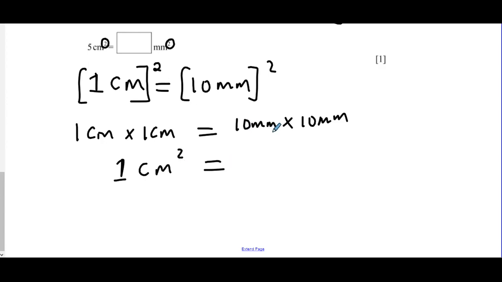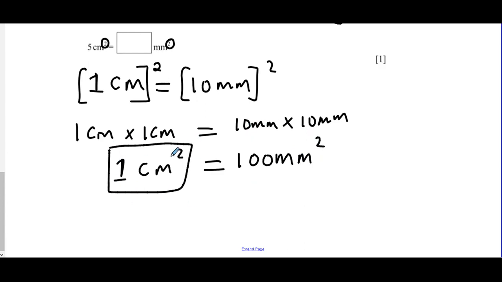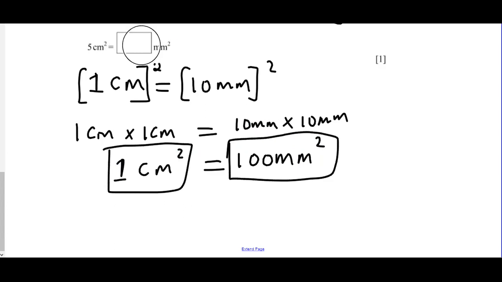Likewise, 10 millimeter times 10 millimeter will be 100 millimeter square. So 1 centimeter square is equal to 100 millimeter square. Now you go back to the question and use this conversion factor to answer it.